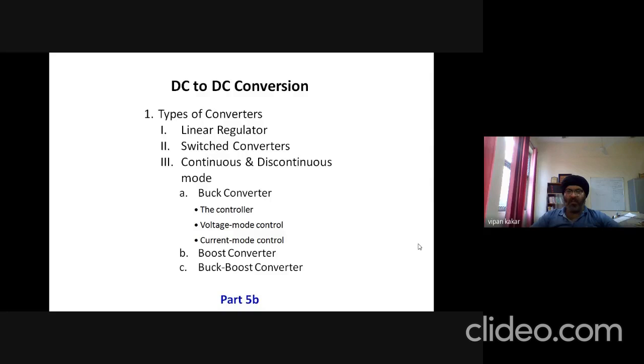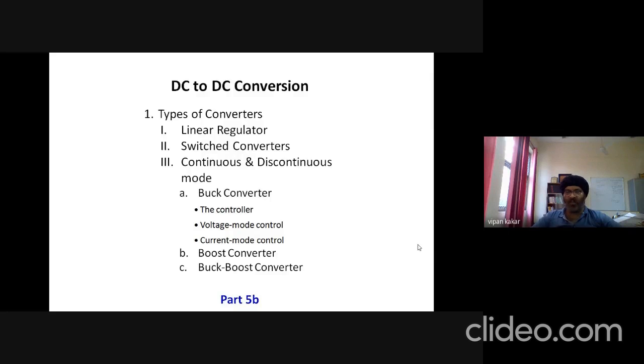But mainly, the focus of this section will be on switched converters, and a type of switched converter, which is the buck converter. This buck converter is simply a step-down converter. After completion of the buck converter, we will start with the boost converter, which is a step-up converter.